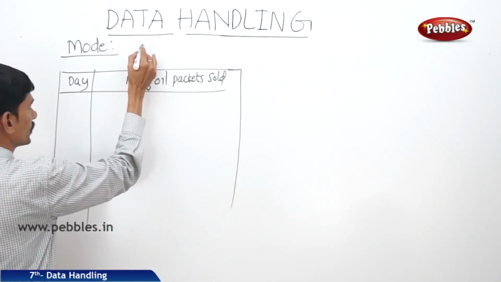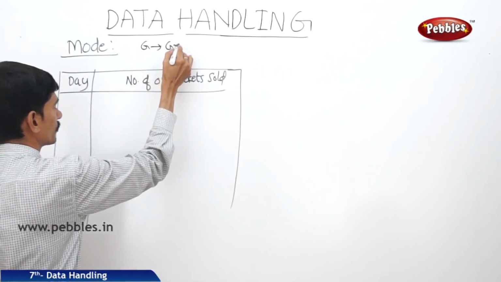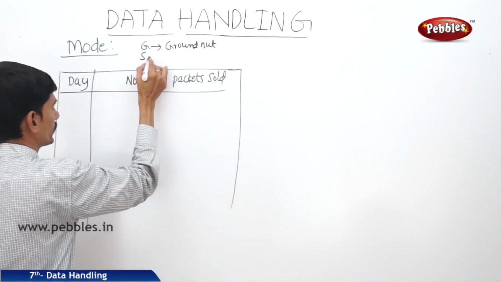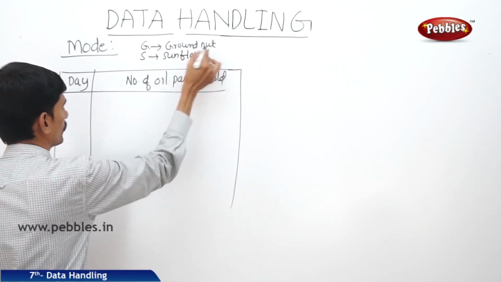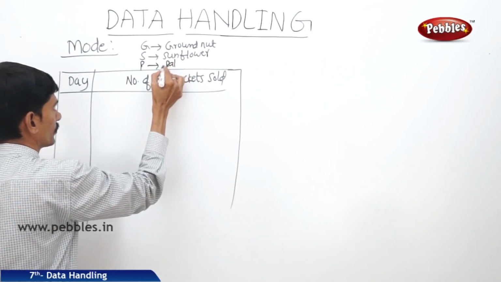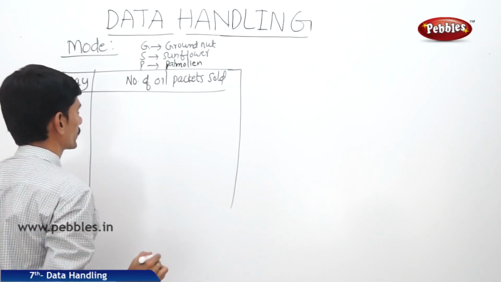Here G means groundnut oil, and S means sunflower oil, and P means palm oil packet.